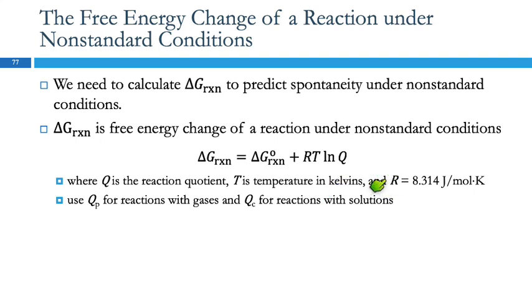And R is the ideal gas constant. There are 2 values of that we commonly use, but we want to use the one with joules here because we're talking about energy, not volume and pressure like with gases. So 8.314 joules per mole Kelvin. If we've got reactions in the gas state, we're going to use the pressure quotient, and if it's an aqueous solution, we're going to use the concentration quotient.